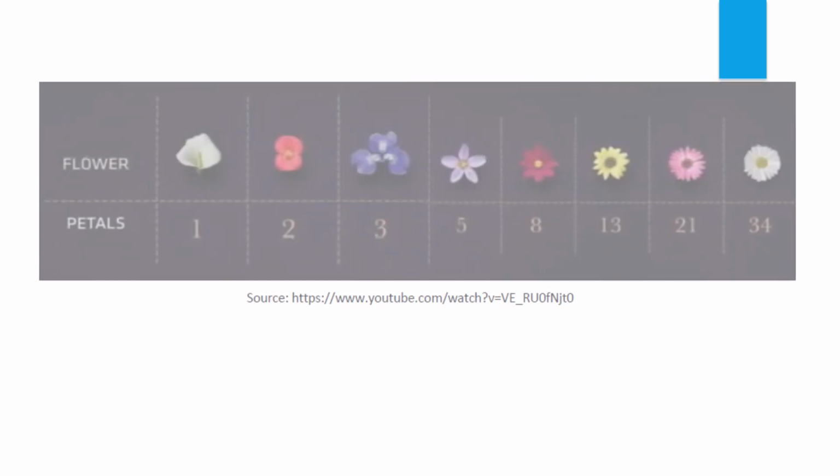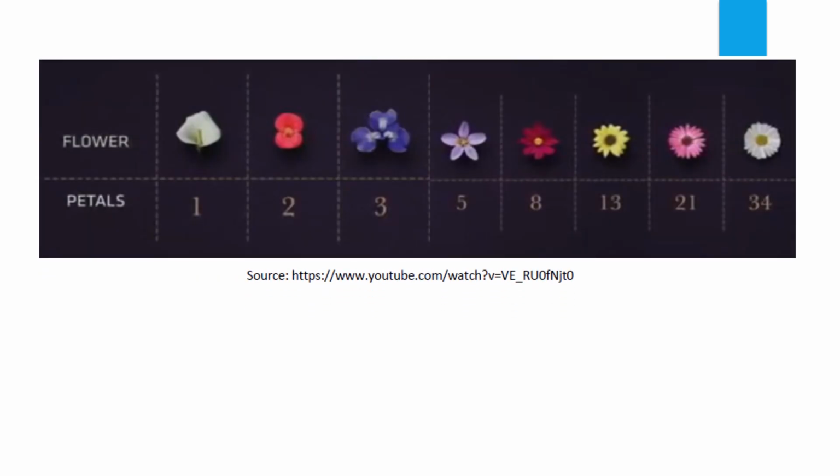Okay, so now I want you to investigate this image. For the first row, andyan yung mga flowers natin. And then for the second row, we have the number of petals that represent each flower. For the first flower, this one has one petal.